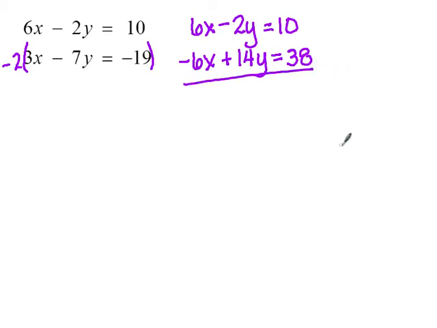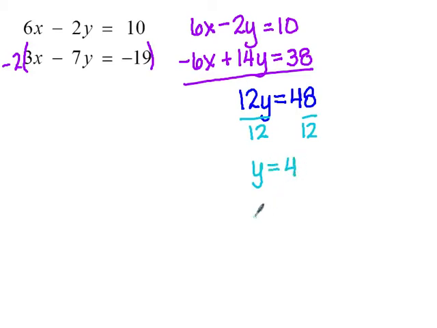So now let's go ahead and see what I get when I add the two equations together. Nice job. Okay, so then now what do I do? Divide by 12, and y equals 4.